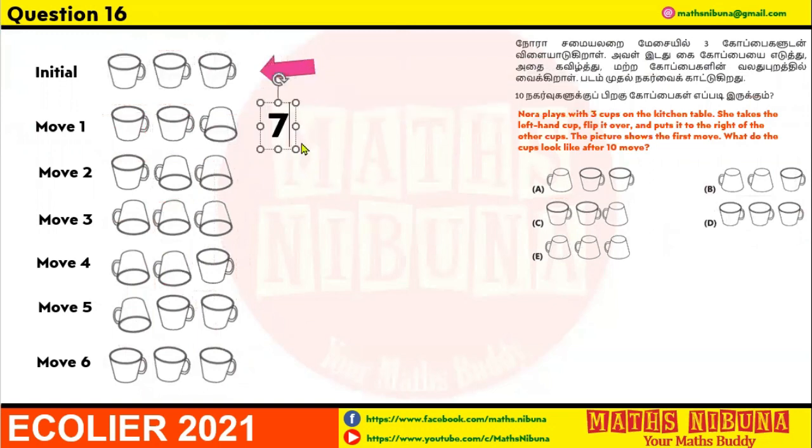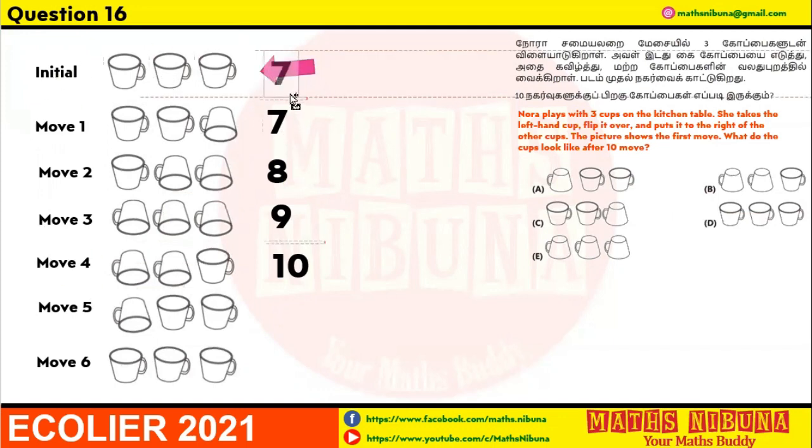Now we already got the sequence. And then this should be number 8, then this should be number 9, and then this will be number 10. So this is how you have to solve this question. First, find the sequence where the same position repeats again.